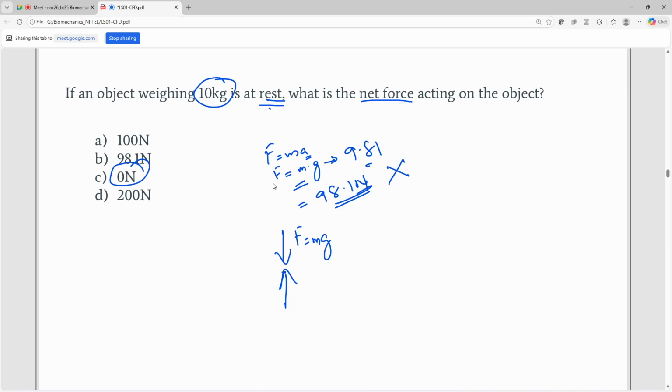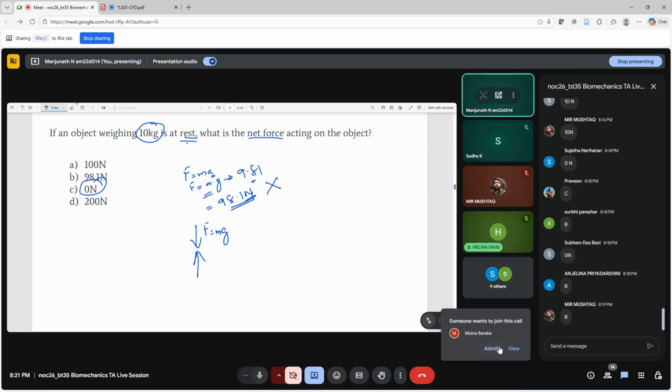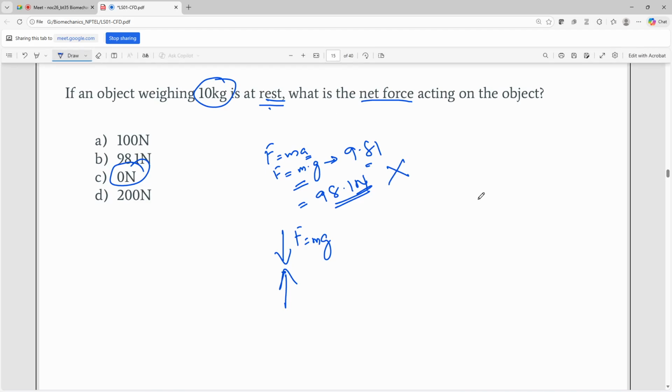That's why it is able to be at rest. So please think, if the body was acted upon by F is equal to mg, that is 98.1 Newton acting on a 10 kilogram body, then it should either move in the direction of that force or it should deform.